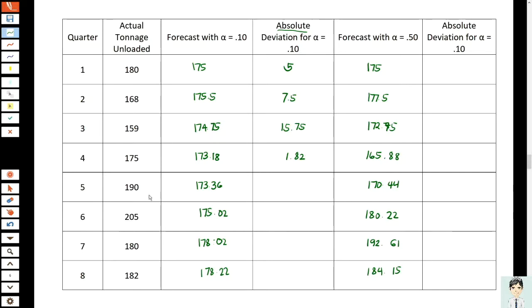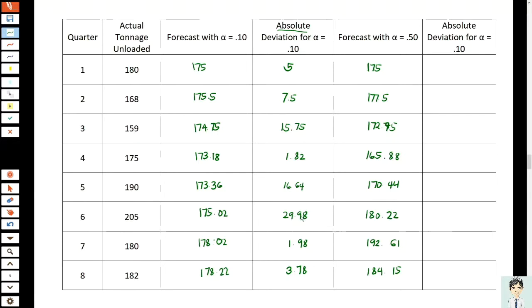Okay po. So number 4, quarter 4, 175 minus 173.18, it is 1.82. So 190 minus 173, it is 16.64. Ay yung difference ng quarter 6 is 29.98. For the quarter 7, it is 1.98. And for the 8th quarter, it is 3.78.